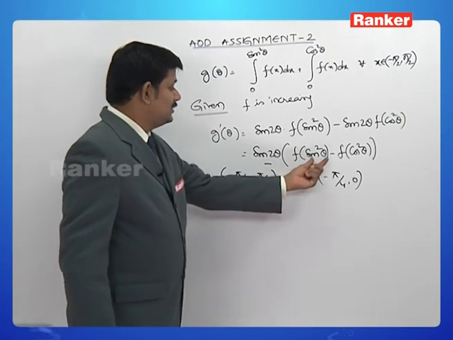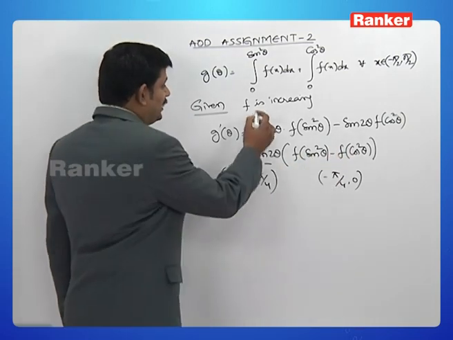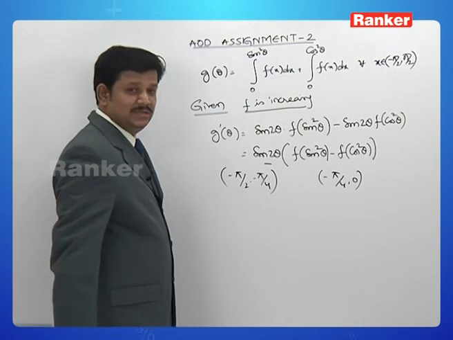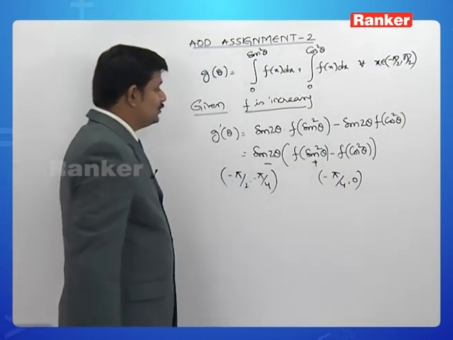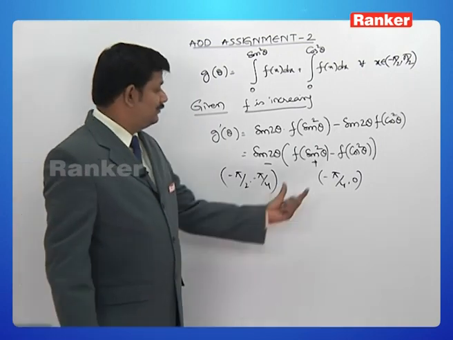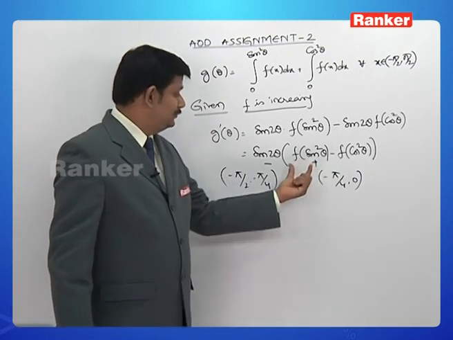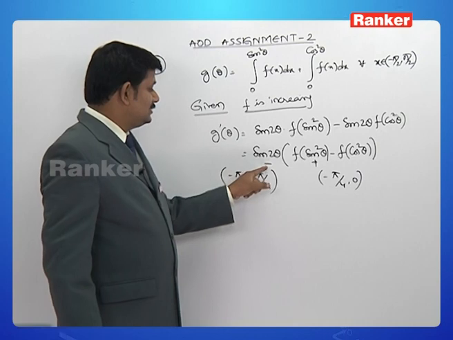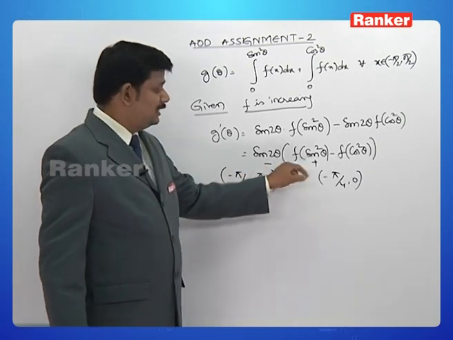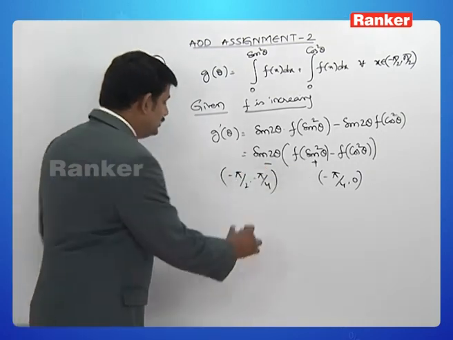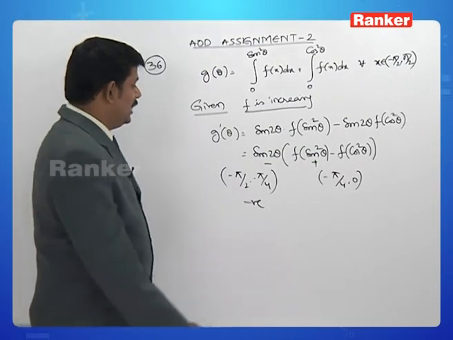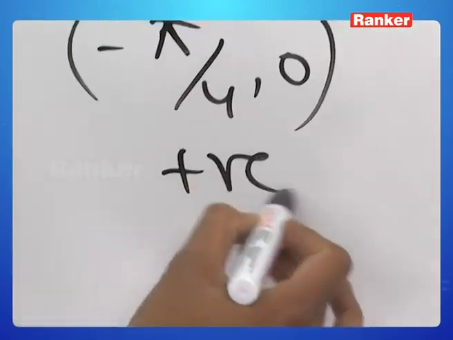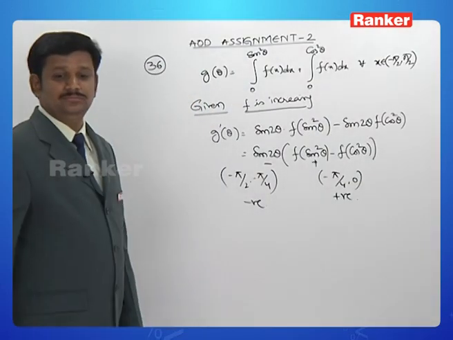So sin square theta is greater than cos square theta, and because f is an increasing function, f of sin square theta is greater than f of cos square theta. So f of sin square theta minus f of cos square theta is positive. So g dash theta is the product of a negative number and a positive number, negative in the interval minus pi by 2 to minus pi by 4 and positive in the interval minus pi by 4 to 0.